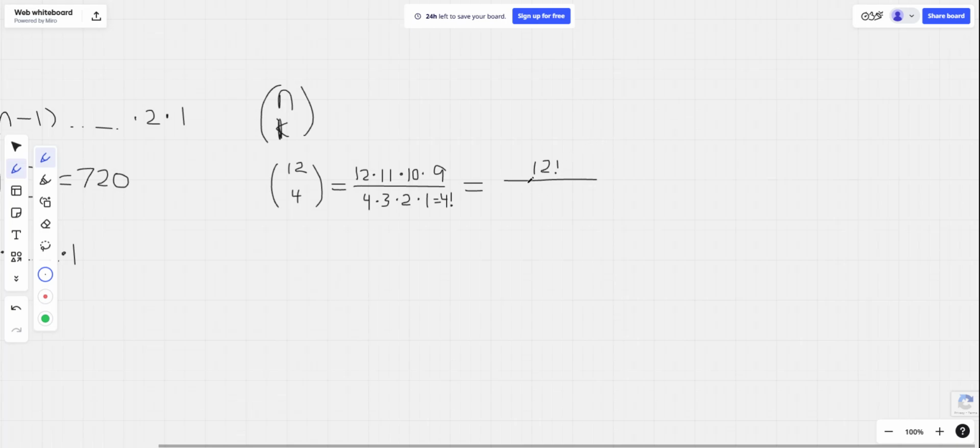Now you also divide by the number of orderings of the 4 songs you do pick to be on your new playlist. But for the other 8 songs that you don't choose to be on your playlist, that order does not matter either. So you also divide by 8 factorial.